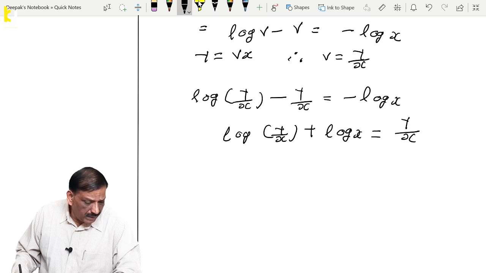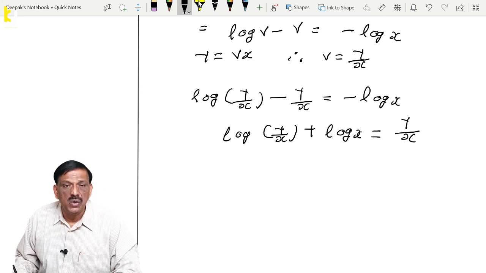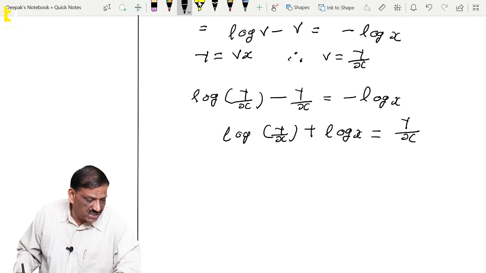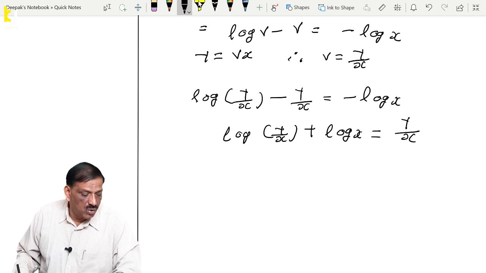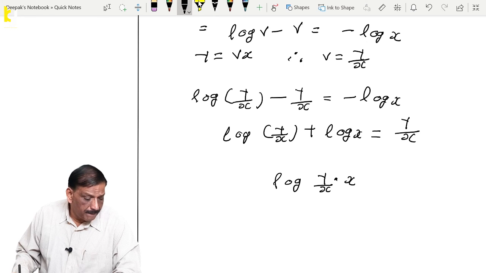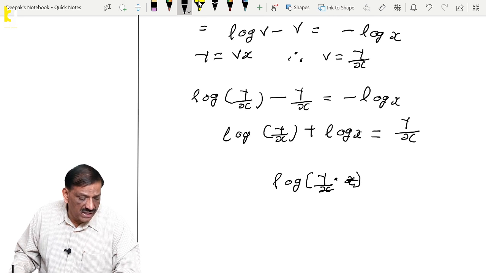So, this is log y by x plus log x equal log y by x into x. This x and this x will cancel. This is equal to y by x.